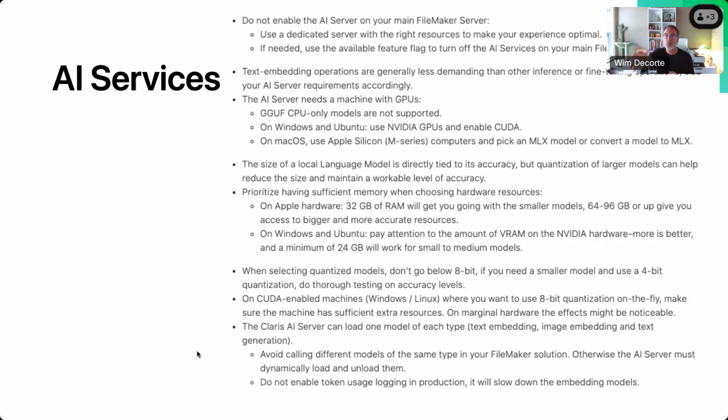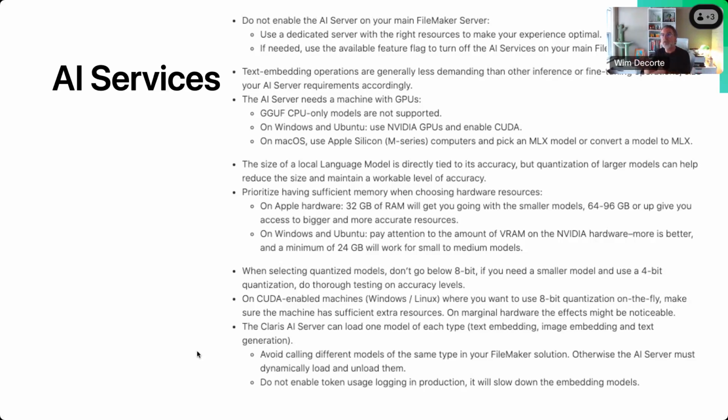If I highlight the first one, because Ronnie and I were just talking about this before the webinar, as stated, it sounds dogmatic. And again, best practices are meant to be stated in simple form. What we really mean is that you should think about this, right? Certainly for production workloads, you do not want to be running this on your main production FileMaker server.